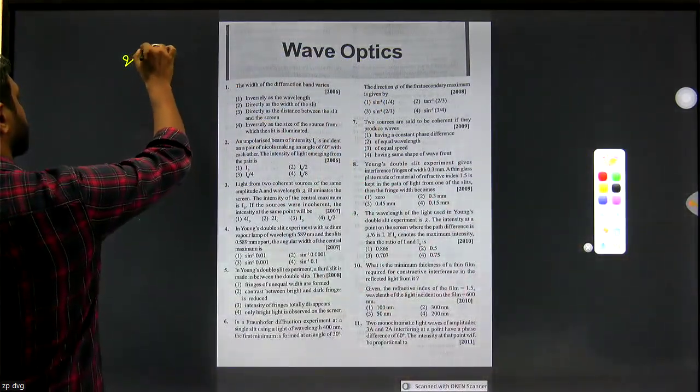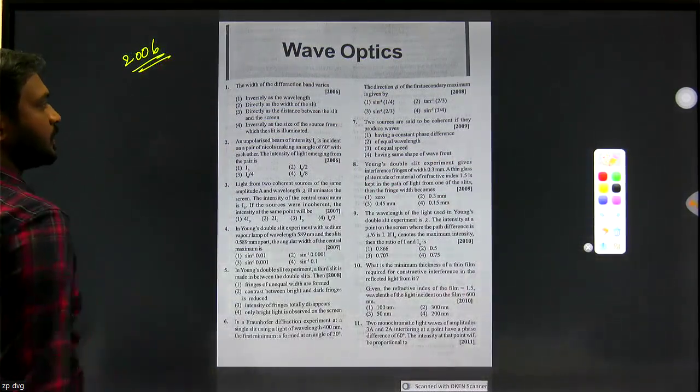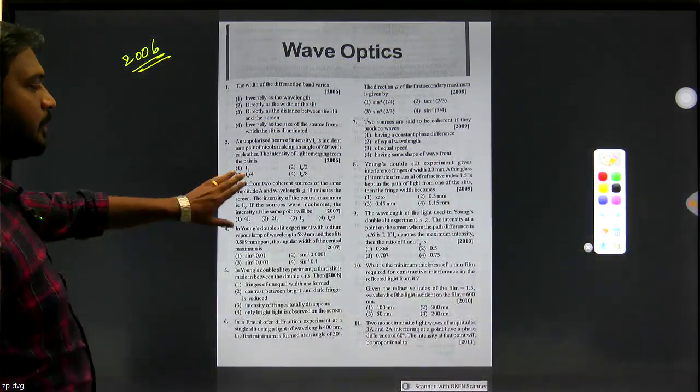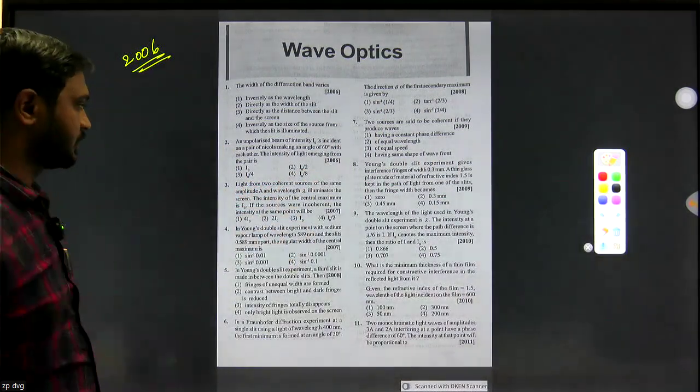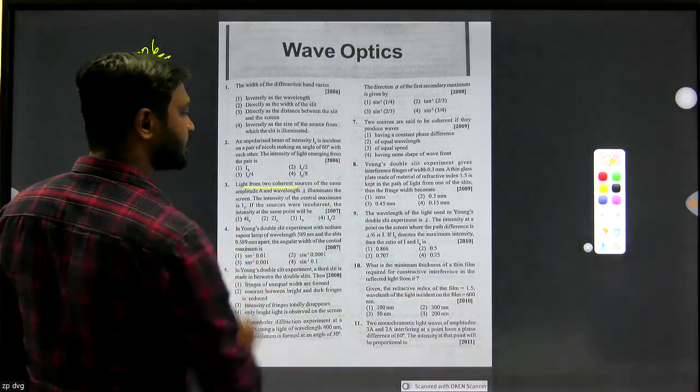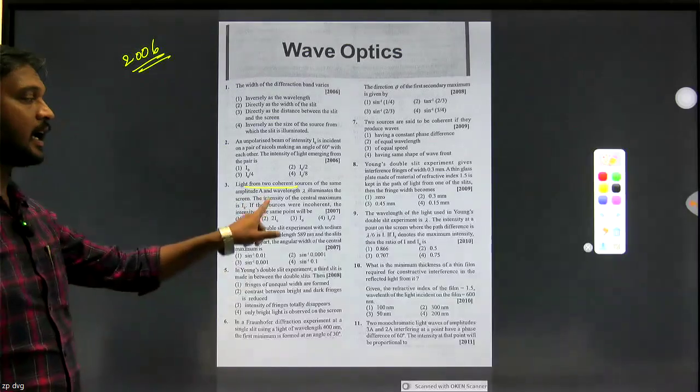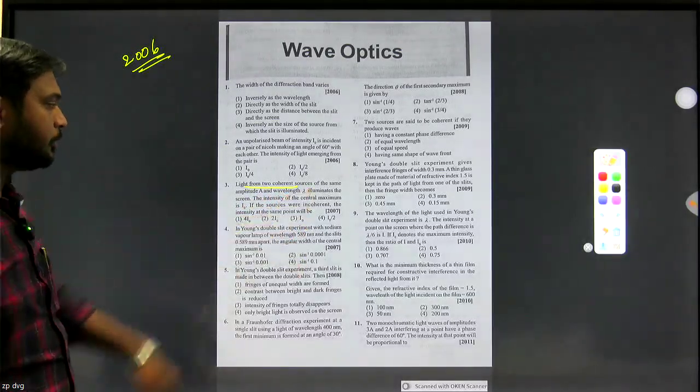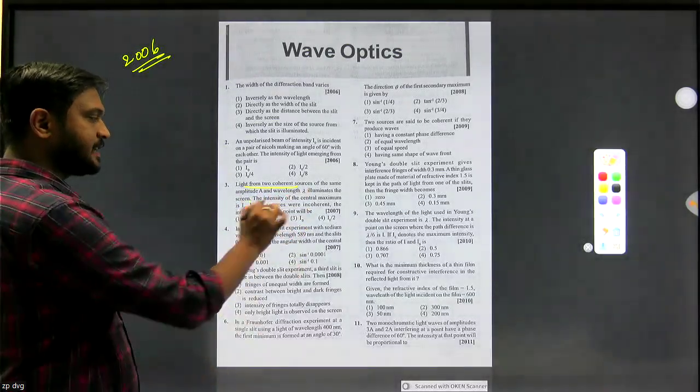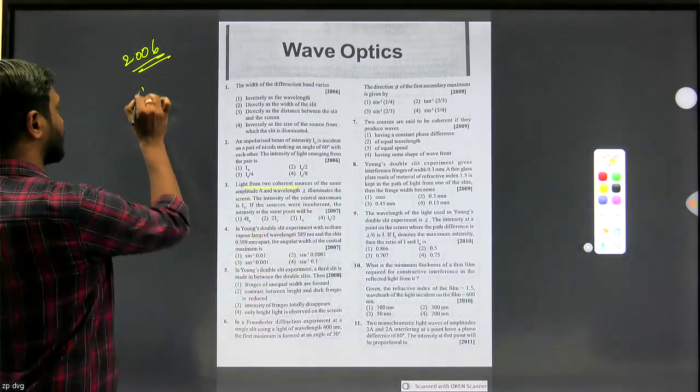In the year 2006, the first question is: light from two coherent sources of the same amplitude A and wavelength lambda illuminates the screen. The intensity of the central maximum is I naught.